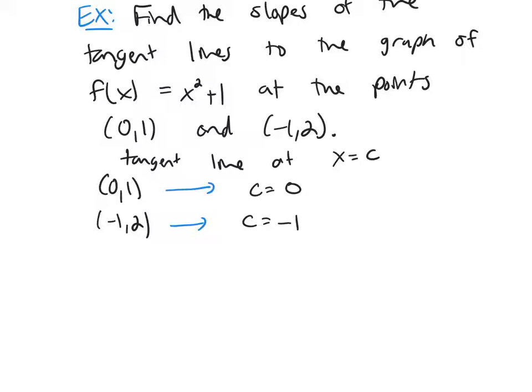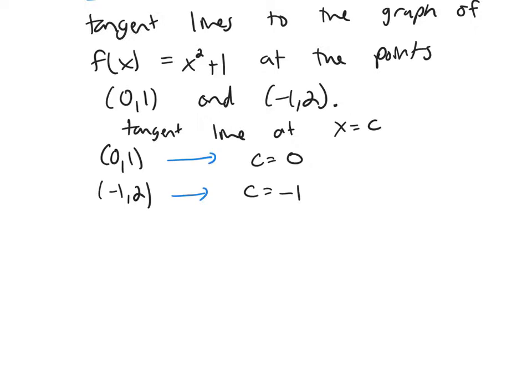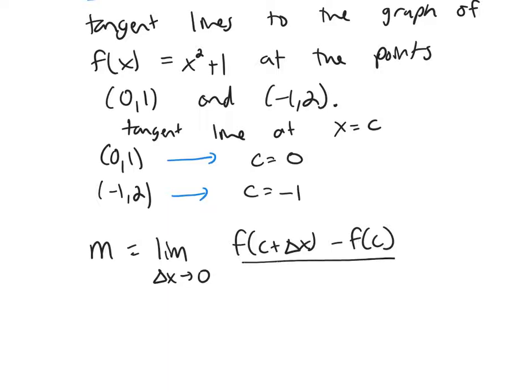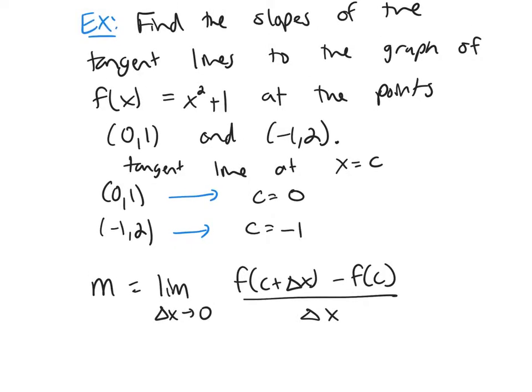So let's compute the slope of the tangent line m for an arbitrary c. So the limit as delta x goes to 0, f of c plus delta x minus f of c over delta x. So now what I'm going to do is take c plus delta x and plug it in place of x in my function.